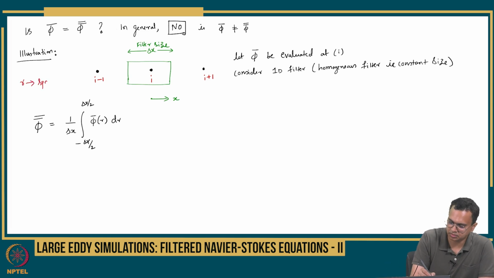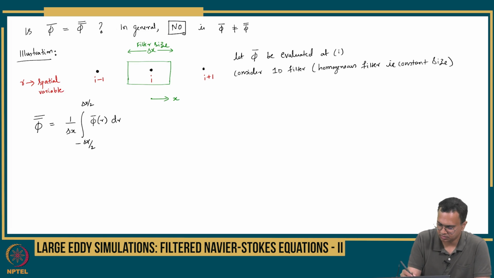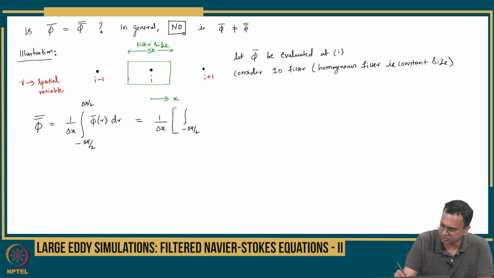I can now split this into two integrals: 1 by delta x of the integral from minus delta x by 2 to 0 of phi bar of r dr, plus the integral from 0 to delta x by 2 of phi bar of r dr.